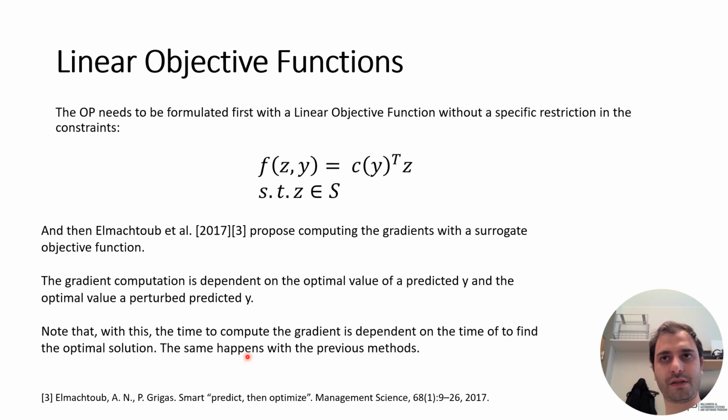Because for each iteration of the whole optimization procedure of the framework, you need to call the solver twice, which means that if your problem is big, the solver will take time to solve this optimization problem once, twice, three times, and however many times you need for your neural networks to converge.